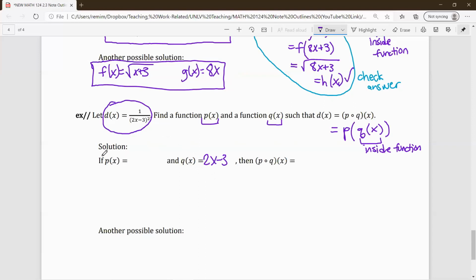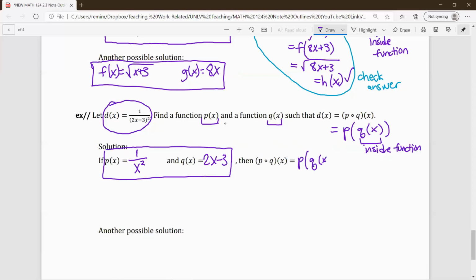But like I just mentioned a couple minutes ago, one way to do that, once you already have selected your inside function, you just write what's here, except you replace this part of it, the 2x minus 3, with an x. So we're going to have 1 over x squared. That's our solution. And let's go check it.